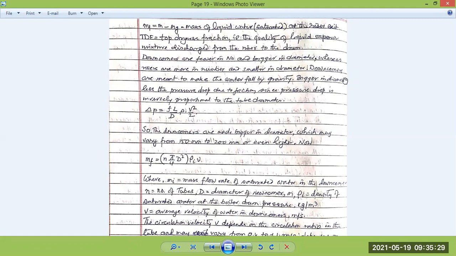So the downcomers are made bigger in diameter, which may vary from 150 millimeter to 200 millimeter or even higher. Now, what is MF?